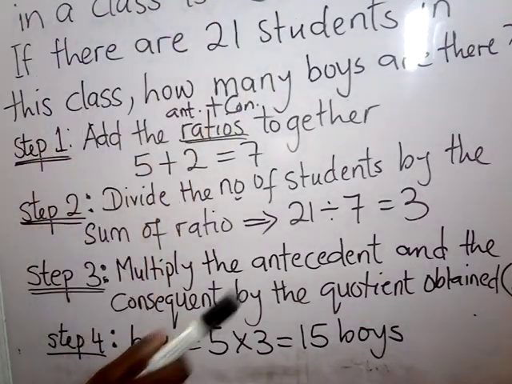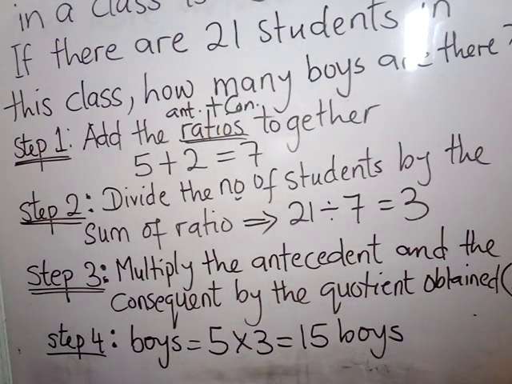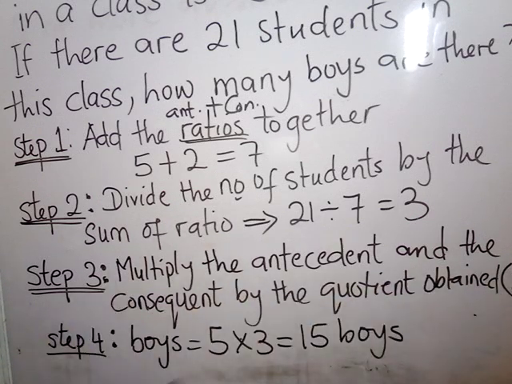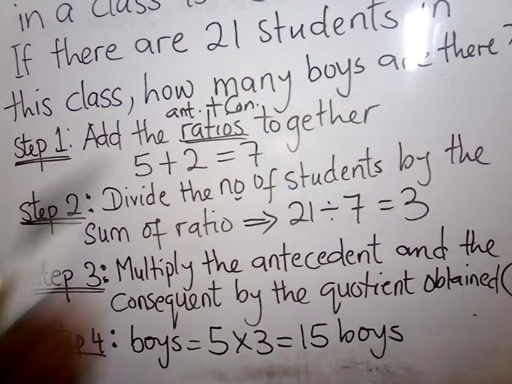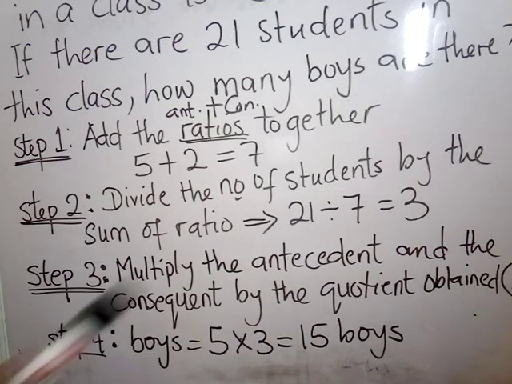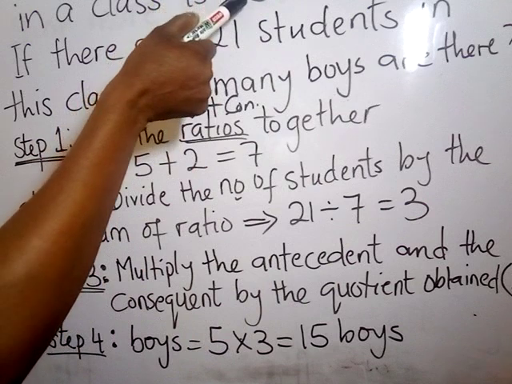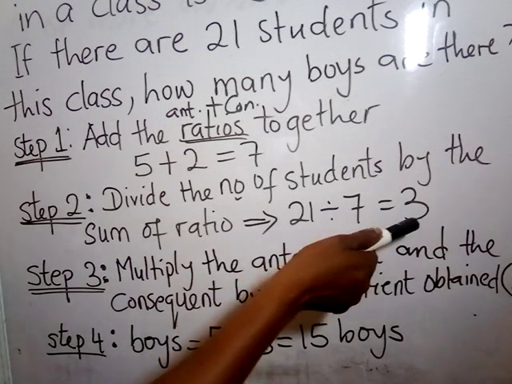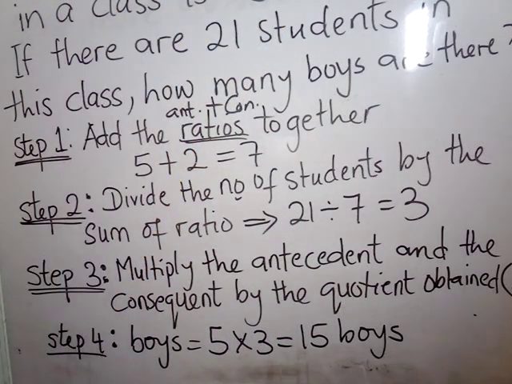You multiply the antecedent and the consequent by the quotient that you obtained, which in this case is 3, because when we divided 21 by 7, we got 3. So you use the 3 to multiply the antecedent to get the first part, and you use that 3 also to multiply the consequent to get the other one.